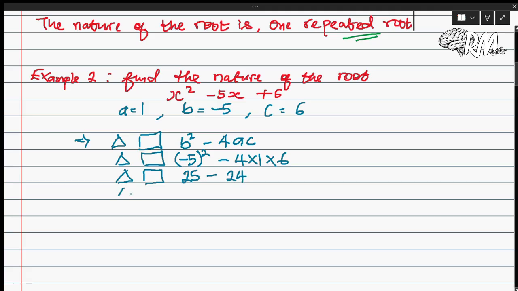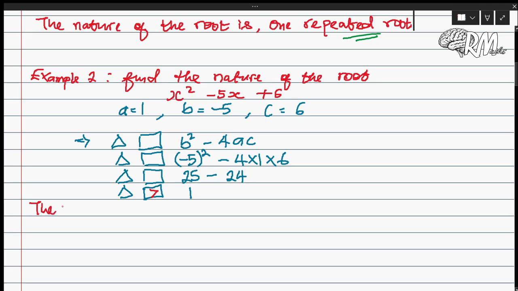So finally delta, then the box gives me 1. So by this, is delta greater than 0, or is it equal to 0, or is less than 0? Since we're having 1 and we're not having 0 and we're not having negative number, it means delta is greater than 0.